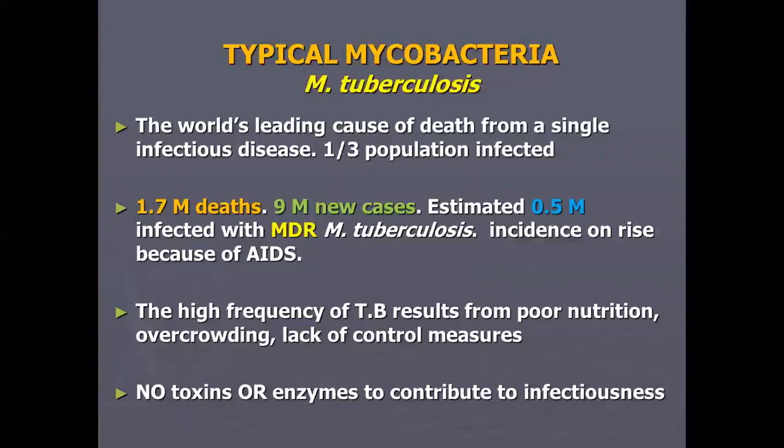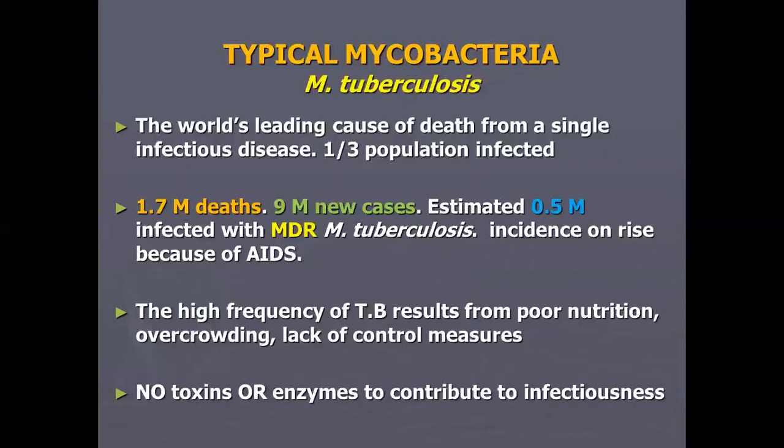Now, even Mycobacterium tuberculosis resistant to multiple drugs has emerged. So these incidents are increasing. The MDR Mycobacterium tuberculosis cases are increasing because of AIDS. So AIDS, coupled with Mycobacterium tuberculosis, makes it very difficult to treat the individual.